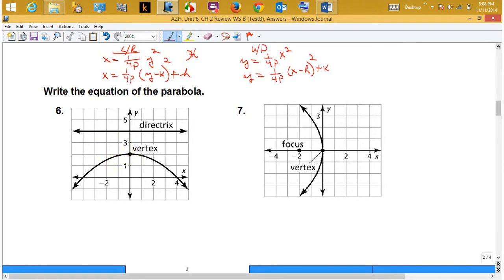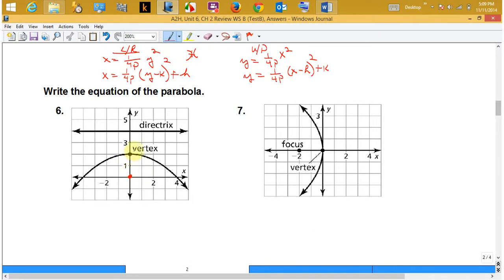So there's going to be a negative. And let's take a look at what I have. Oh wait, here's the vertex right there. It's kind of confusing.